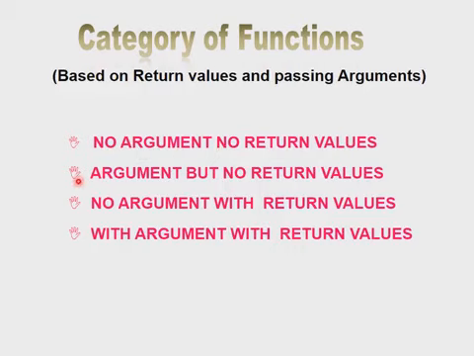Then the third category is where there are no arguments but it will return values. And the last one is with arguments, where the function will have arguments and it will also return values. So these are four different categories of functions.